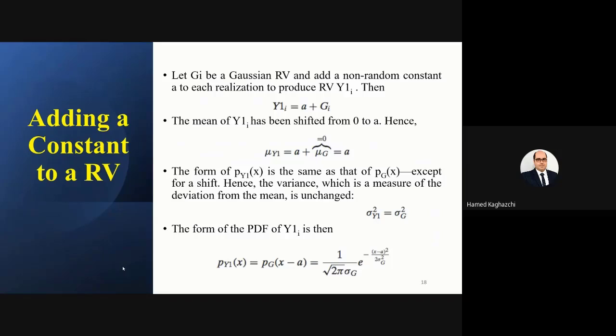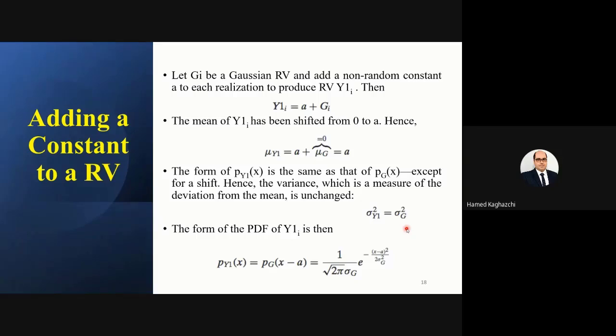I want to add a constant value to the random variable. This is the constant value. Gi is a Gaussian random variable. Y1 is again a Gaussian random variable with an added constant. We suppose that our Gi is a standard Gaussian function. The mean of G is equal to 0. So what about the mean of Y1? A plus 0 is equal to A. It means that the mean of Y1 has been shifted from 0 to A. What about the variance?